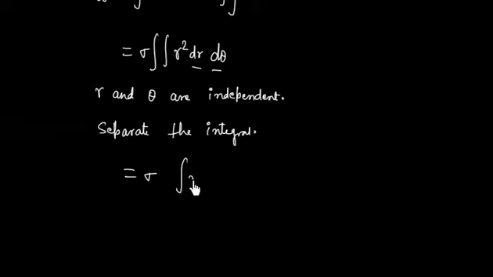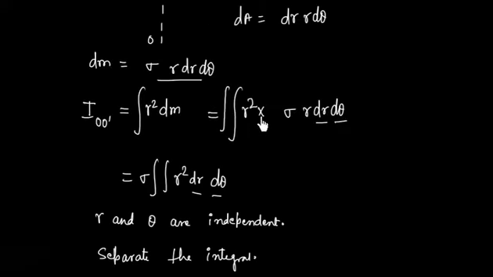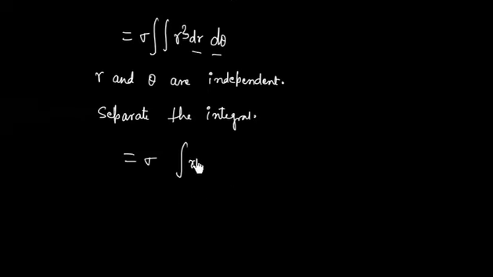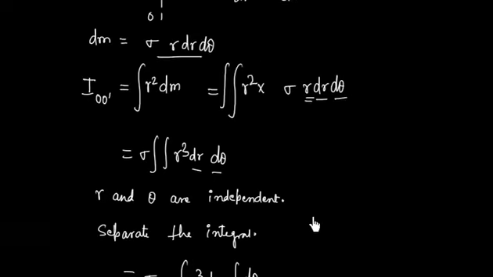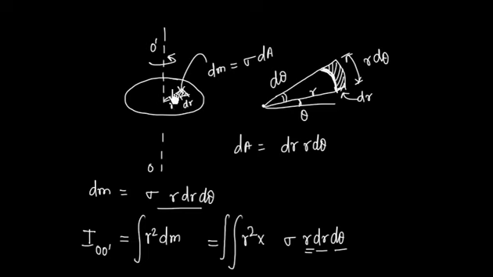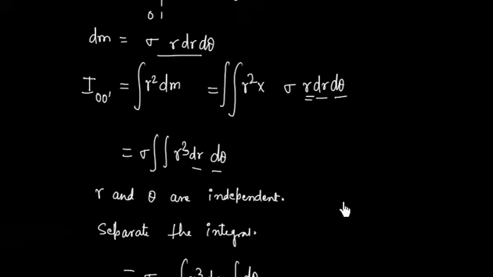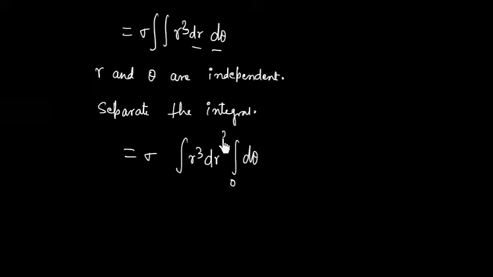So sigma times r square into r, that is r cube dr, and d theta. So we can separate these two integrals. Now if I consider the whole circle, we have to consider theta from 0 to 2 pi. r will go from 0 to capital R.